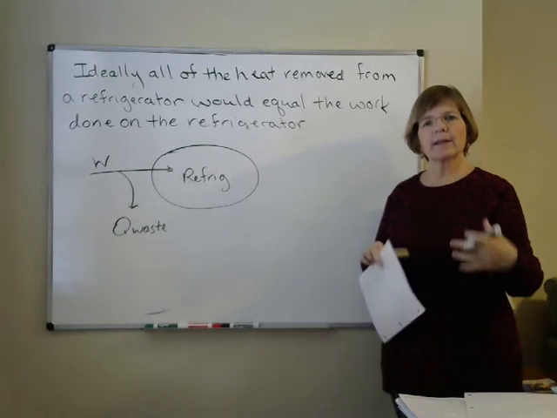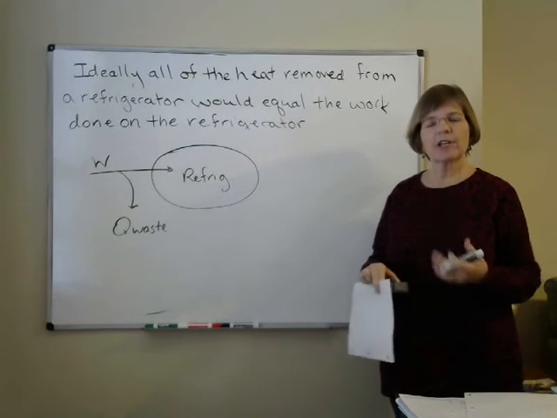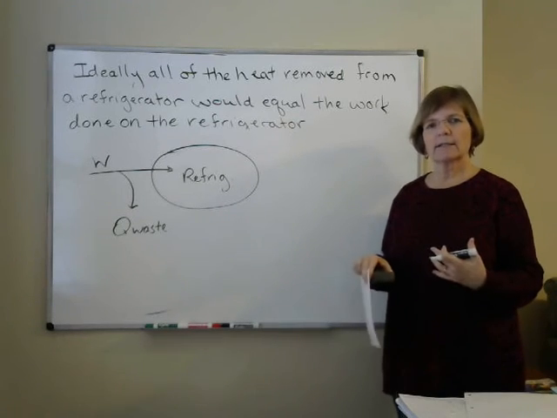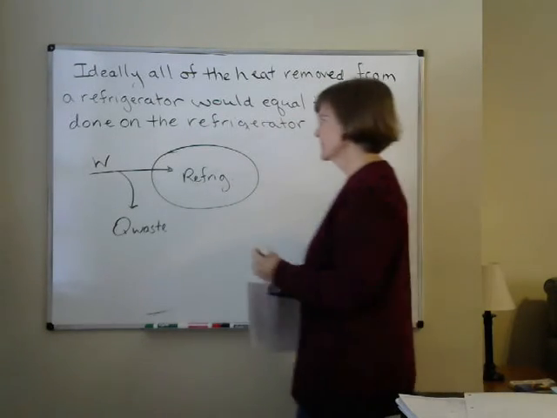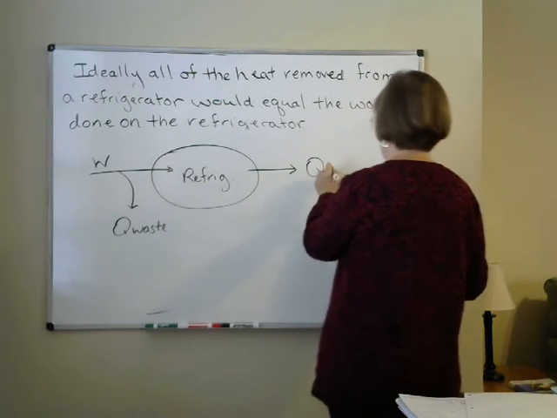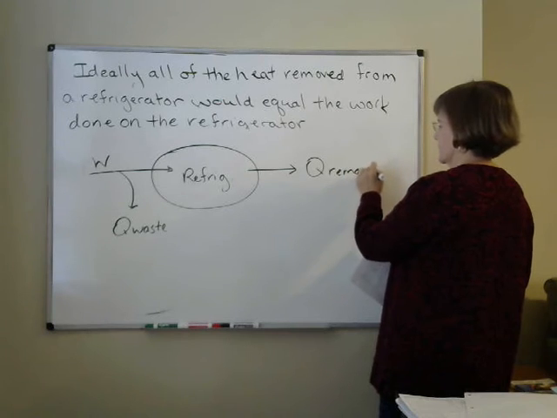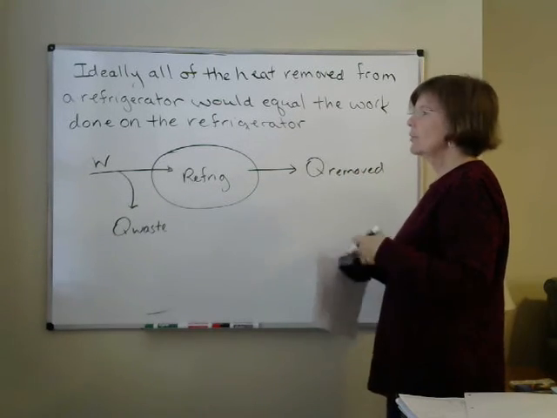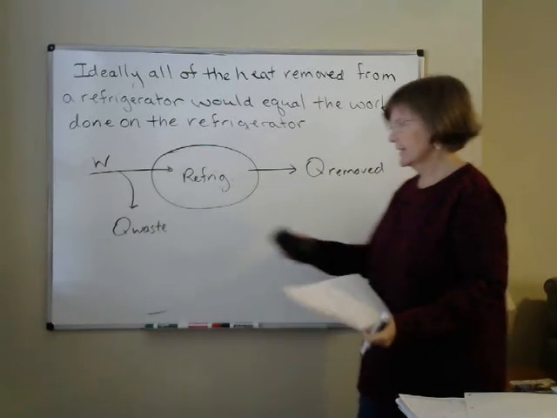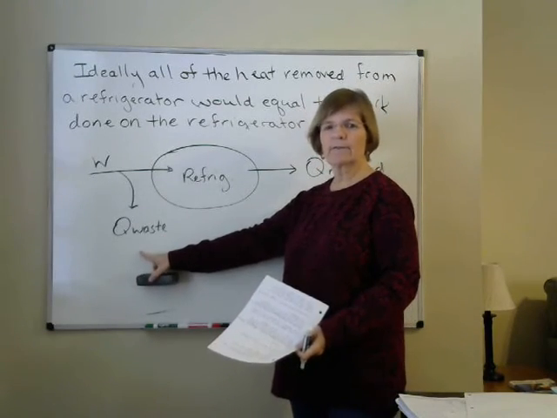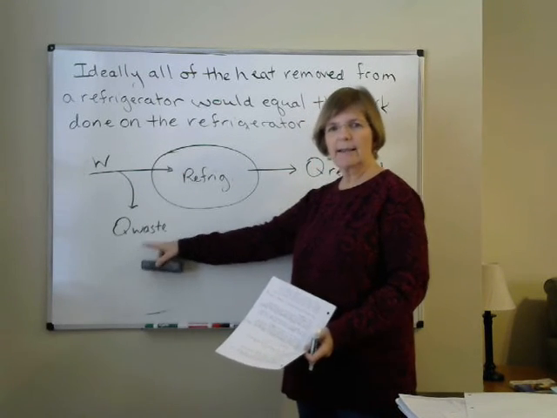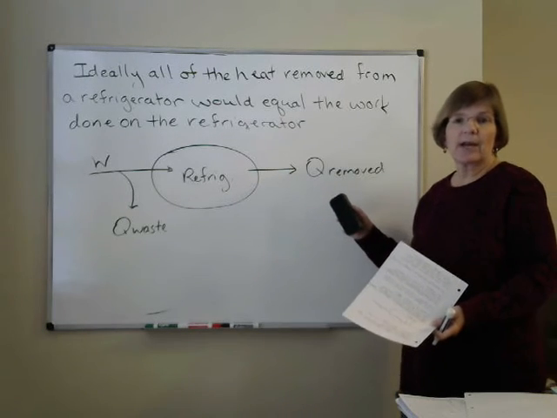The motor in the back of the refrigerator is generating heat even while it's doing work on the refrigerator. So let's make up some numbers. You might do 1,000 joules of work on the refrigerator, but what you find is you're dumping 100 joules out into the environment just by the heat you generate doing the work. And that means you can only remove maybe another 900 joules.